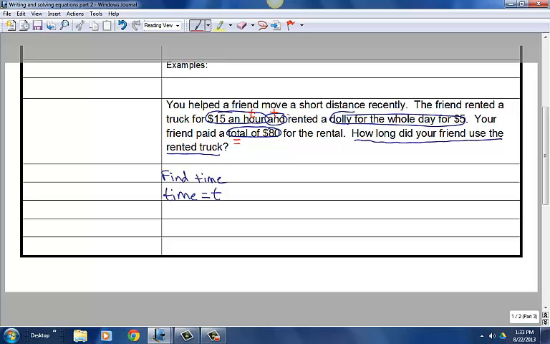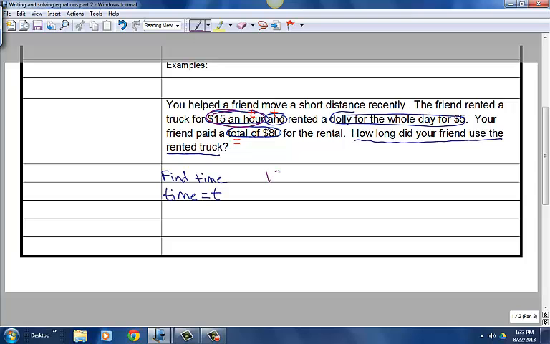Okay, so now I'm going to apply the steps. I'm on the, looks like the 5th step now. To apply the steps, well, I know I have to write an equation finding T. So let's basically read and write what the problem told me to write. It says $15 an hour right here.